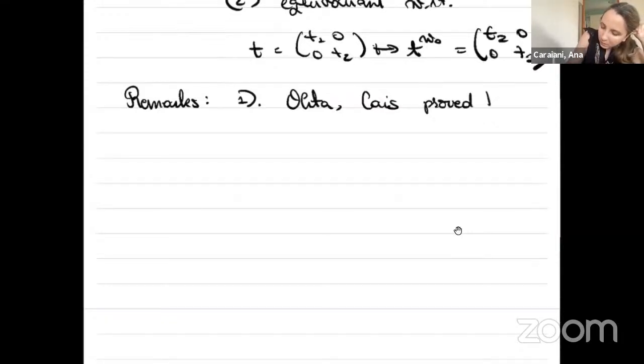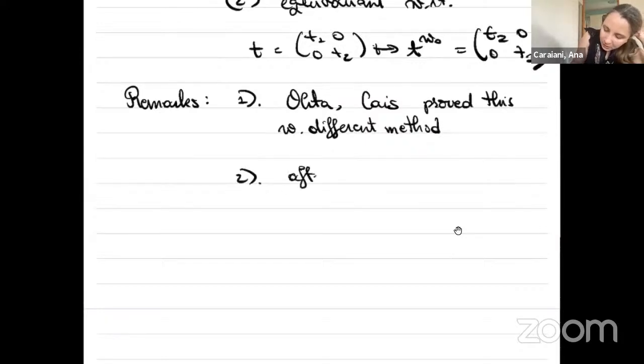One is, so Ohta and Kates already sort of proved this with a different method. And 2 is that after inverting p, one can even do the finite slope case.